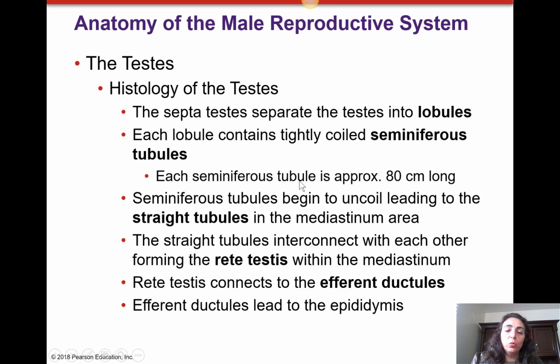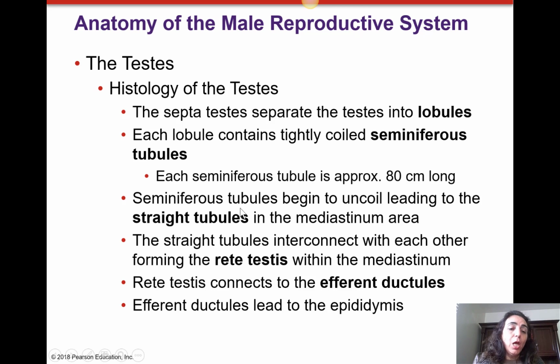And each seminiferous tubule, if we unwind that, is approximately 80 centimeters long. It's like 4/5 of a meter, right? So that's very long. And you see it has been tightly coiled so that it can be lodged over there.